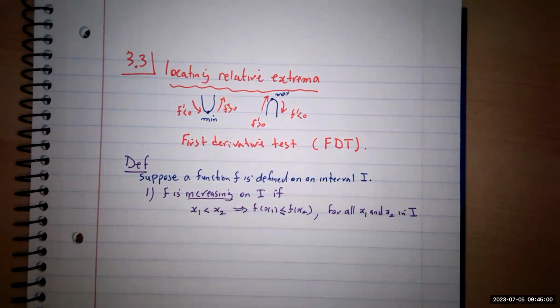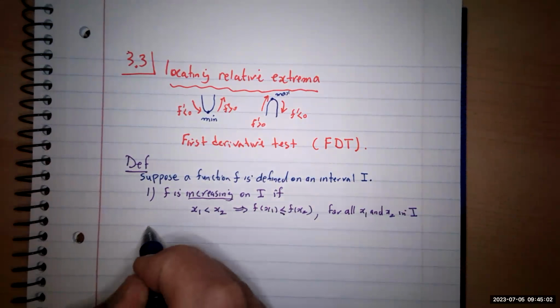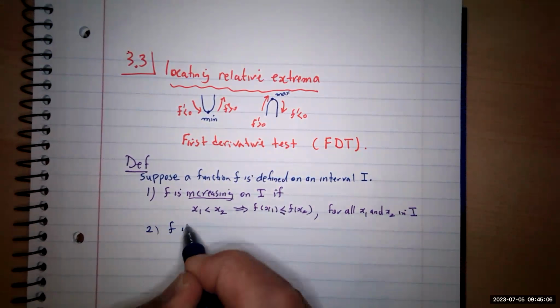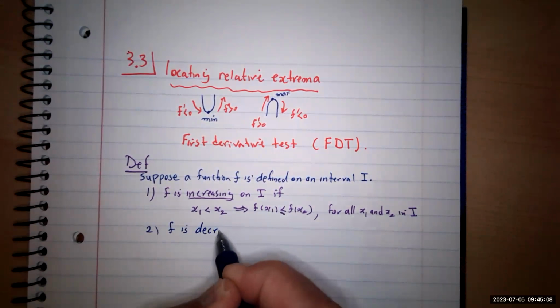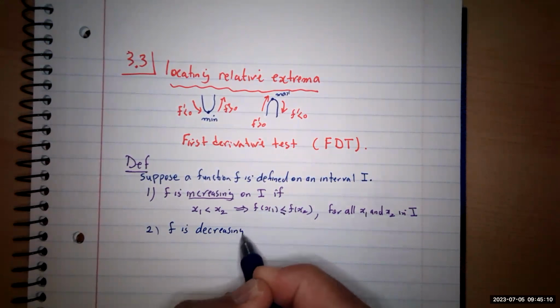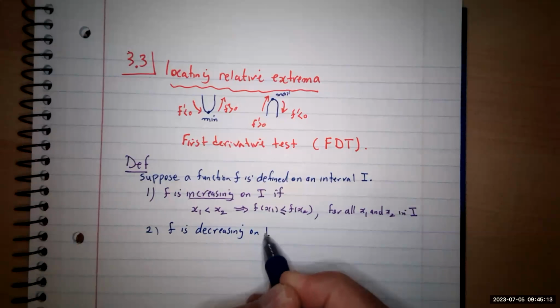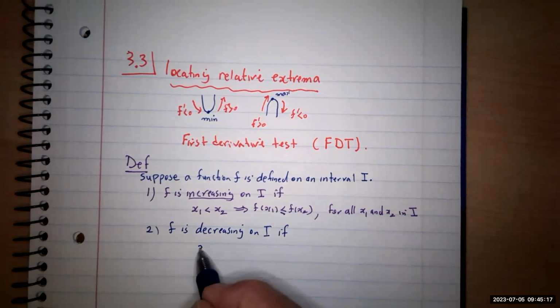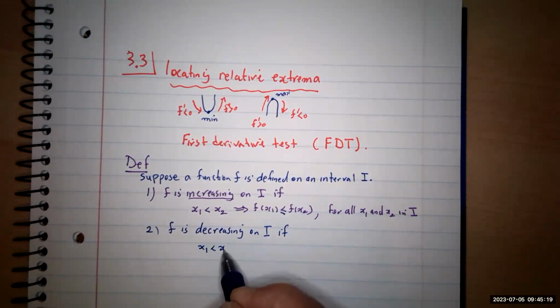We do the other way around. So this is up, up, up, now down, down, down. F is decreasing on the interval I. If we go from left to right, you pick two numbers, x1 less than x2.